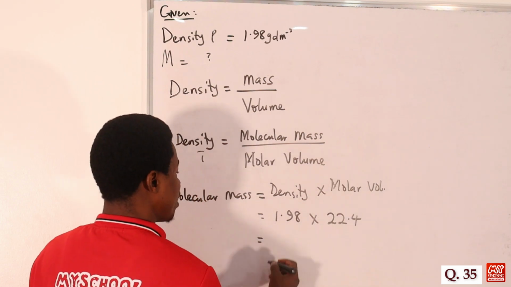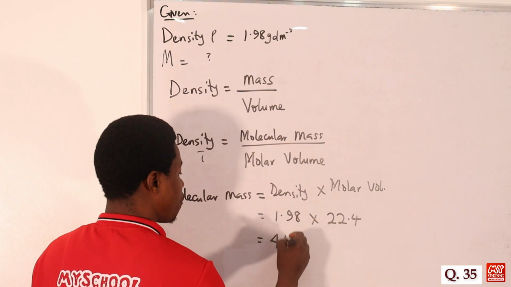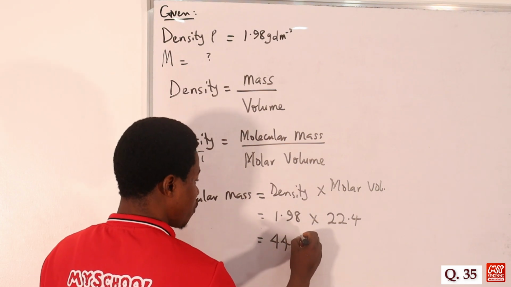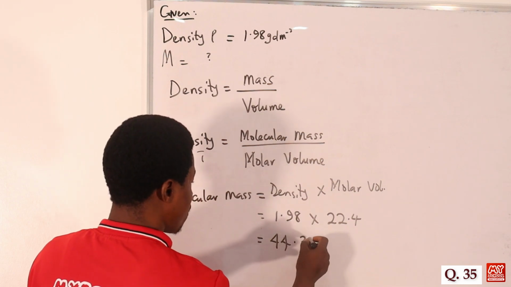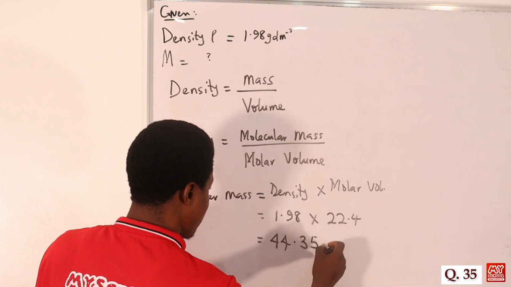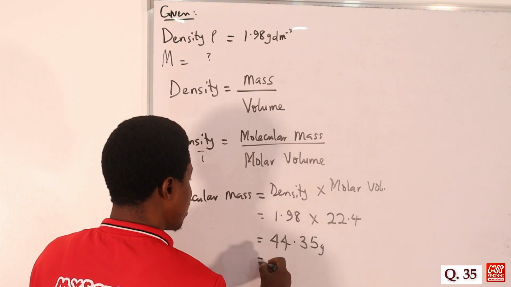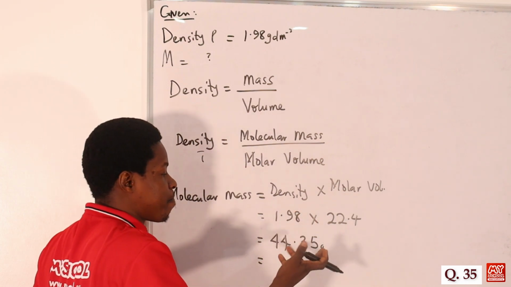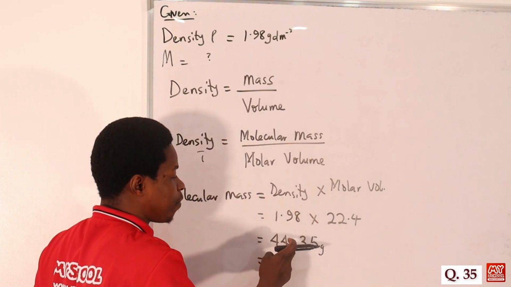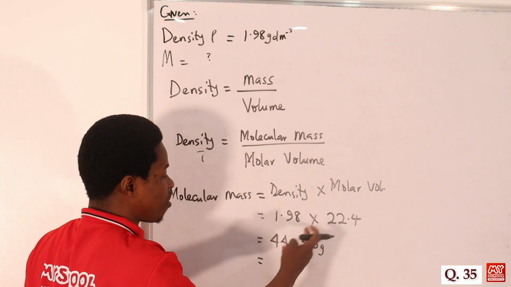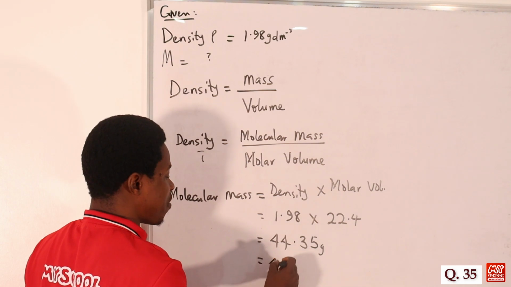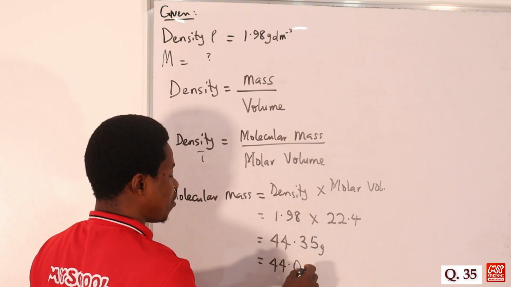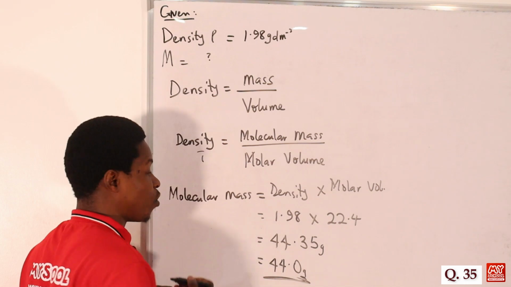By the time you multiply this together, we have about 44.35 gram. If you round this to two significant figures, we have about 44.0 gram. We can have that as the molecular mass.